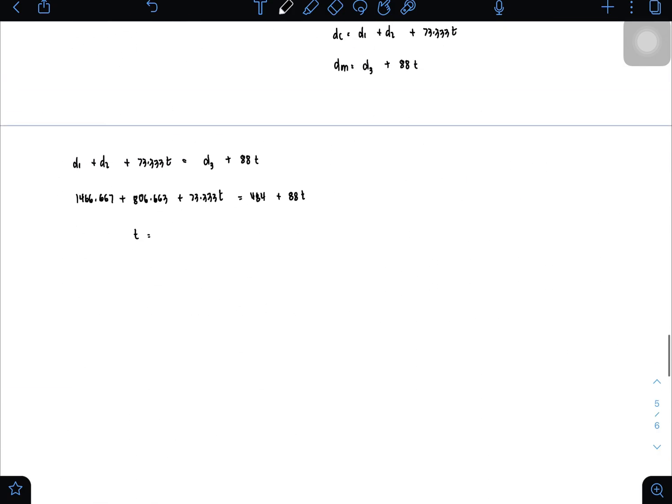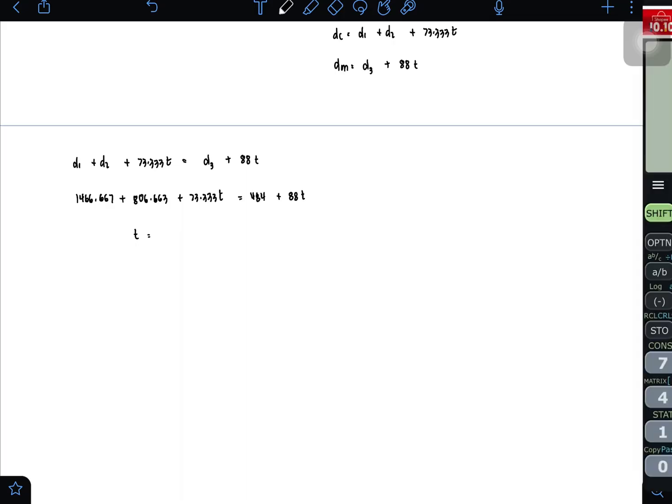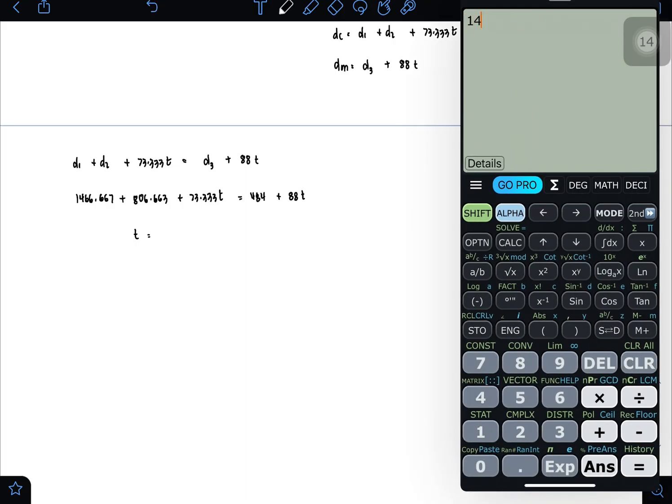So later on we're gonna finalize everything. So 1466.667 plus 806.663 plus 73.333 times the time equal to 484 plus 88 times the time, and we have the time 121.997 seconds.